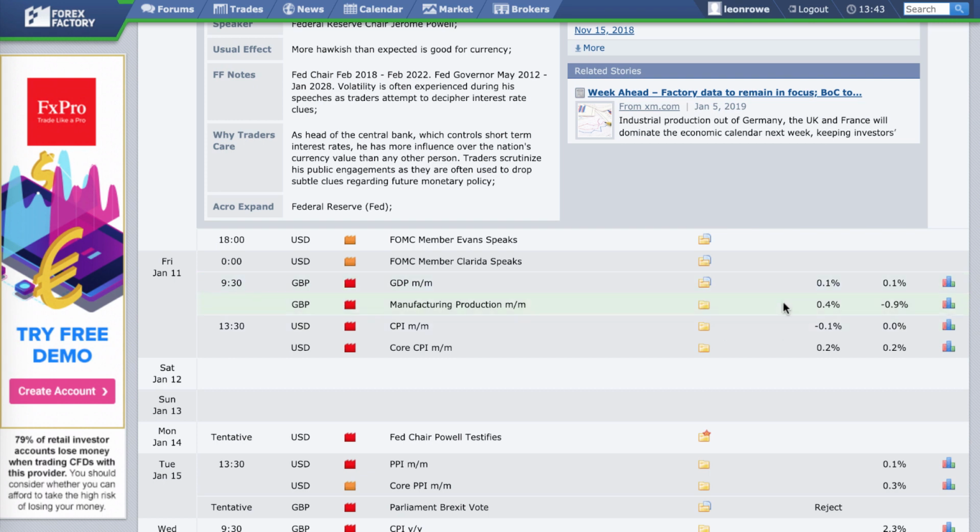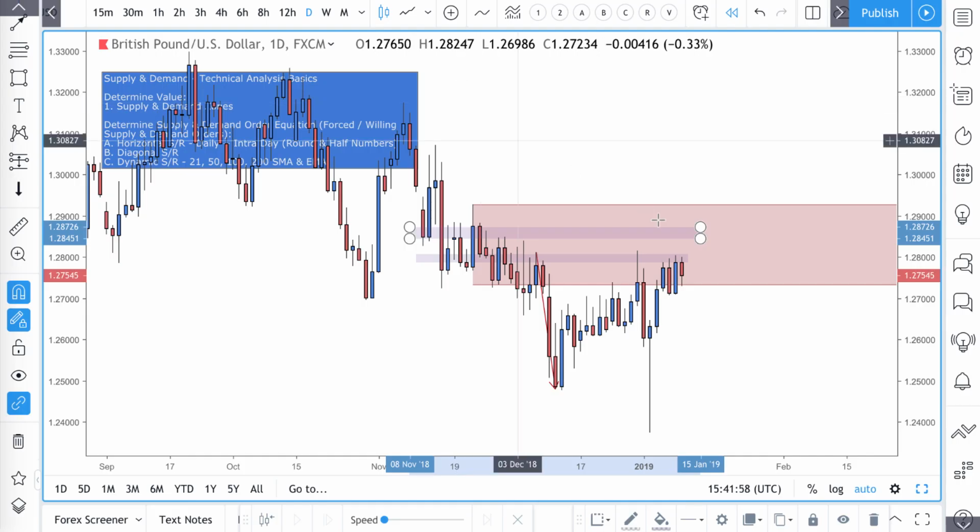If you are going to enter pre-news data release, what I would probably suggest is you enter maybe half a position, or a quarter of a position that you normally would, and then add in as the news starts to come out and potentially goes your way. So any surprises in the market tomorrow, I'll be on the lookout. It doesn't mean I'm going to be entering this trade, depending on what comes out on the news.